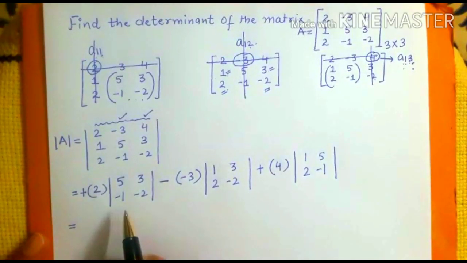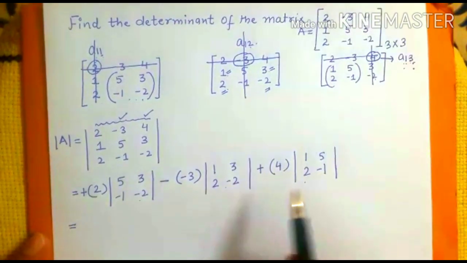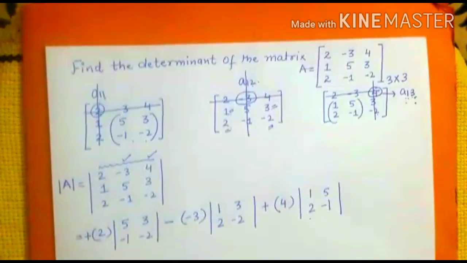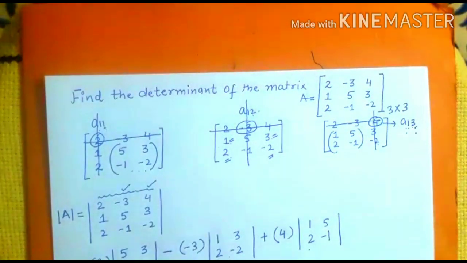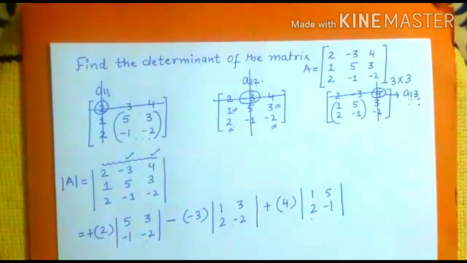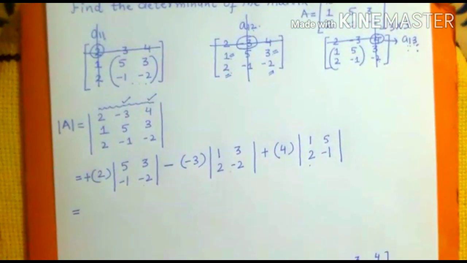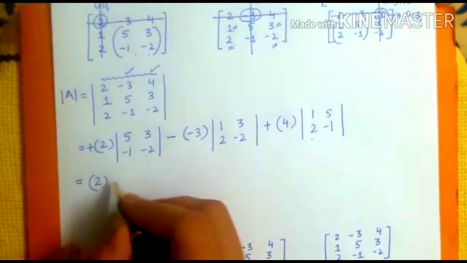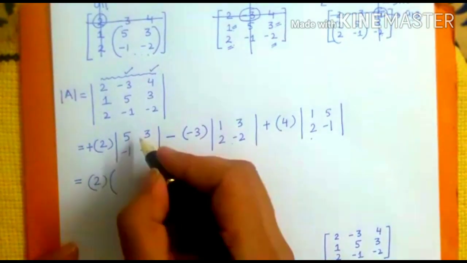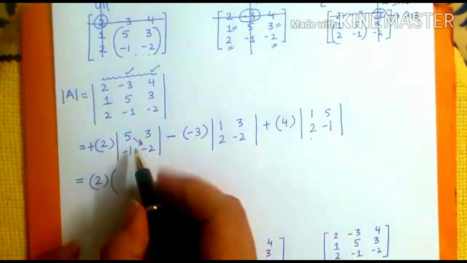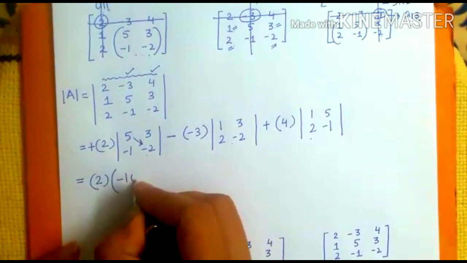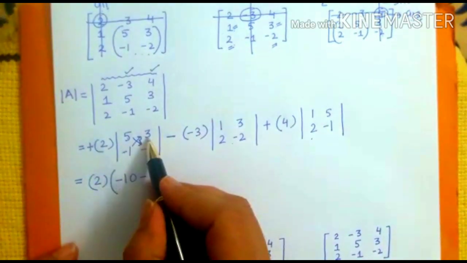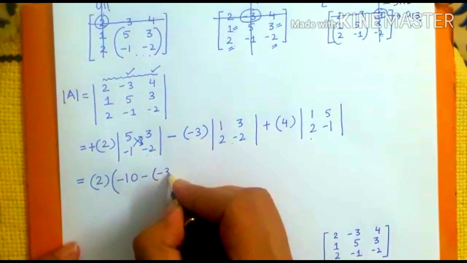Okay, now you can see this, and this. They all are determinants of order 2 by 2. And you know how to compute the determinant of order 2 by 2? So it's 2 times. To compute the determinant, product of these two, 5 into minus 2 will give you minus 10, minus the product of these two, minus 1 into 3 will give you minus 3.